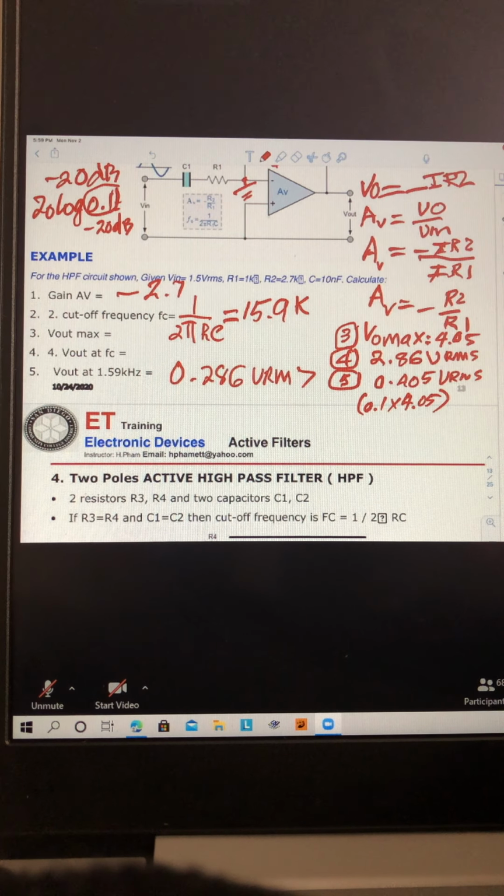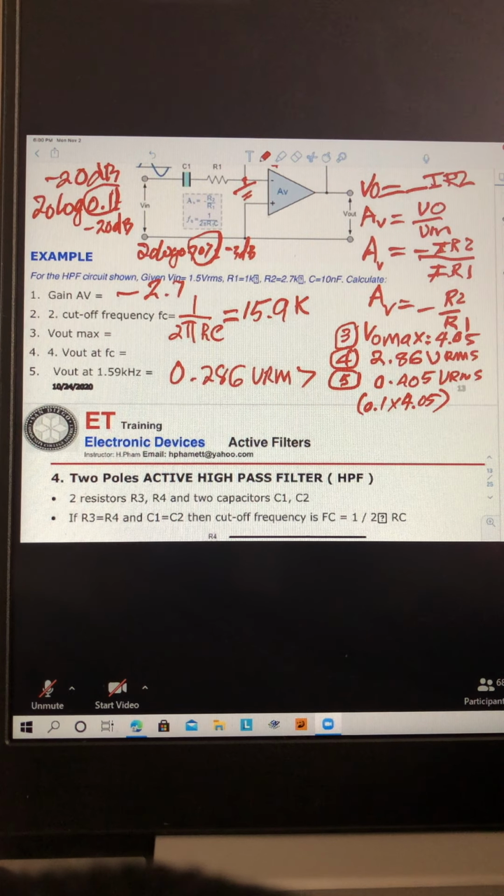Same thing with minus 3 dB. When you say down minus 3 dB, you cannot do anything with minus 3 dB. Then you have to say 20 log of 0.707 equals minus 3 dB. So you have to multiply by 0.707. Okay, thank you.